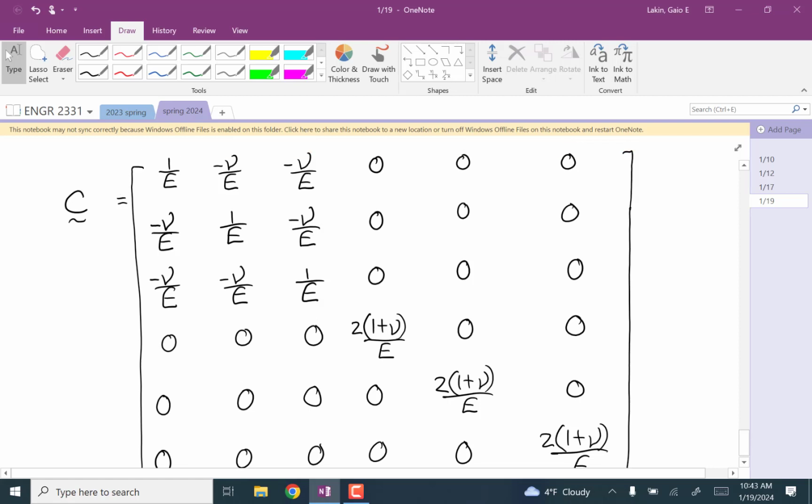Here, it's just telling you that you're always multiplying this times the Voigt stress. So what this is saying is, to calculate the XX Voigt strain, you're taking 1 over E times the XX Voigt stress minus nu over E times the YY stress minus nu over E times the ZZ normal stress.